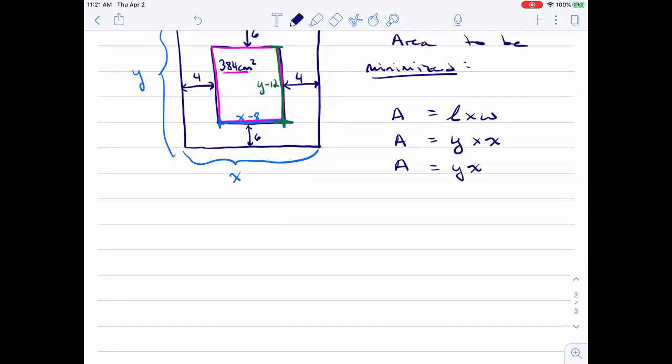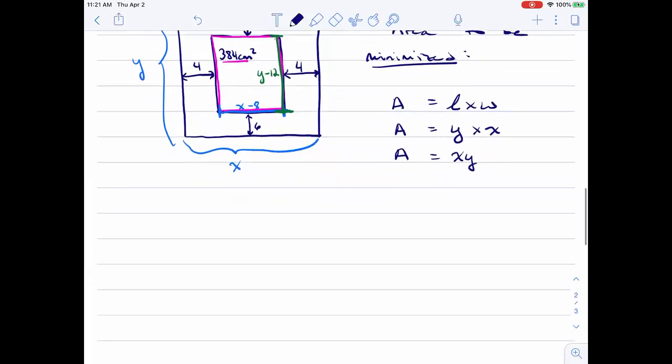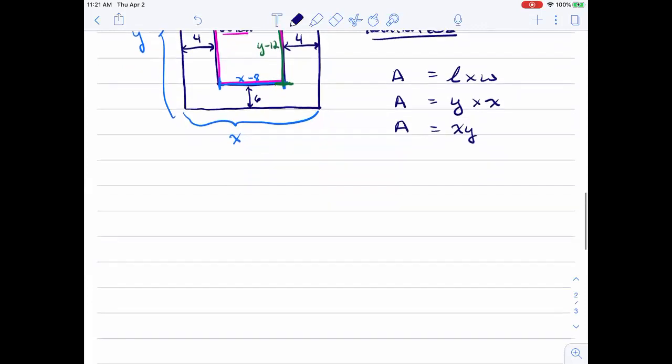So we're trying to minimize y times x, or I actually prefer to write x times y. It just sounds better, xy. So let's do that. It doesn't matter.